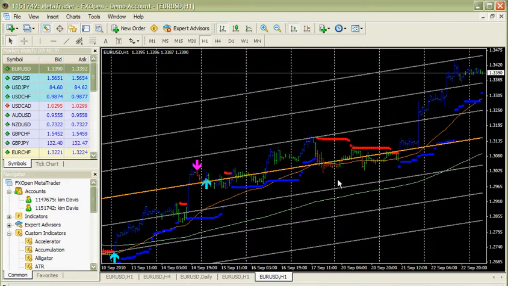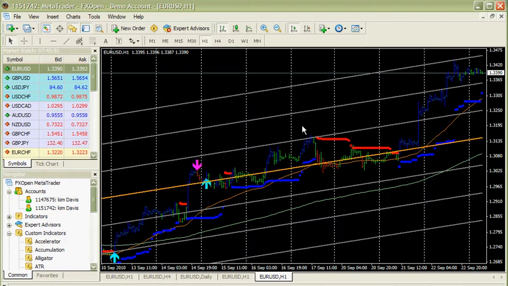It all depends on your comfort. You can remove some of those indicators or not. It's your choice. But for more conservative trades, I suggest that you use the advanced template.